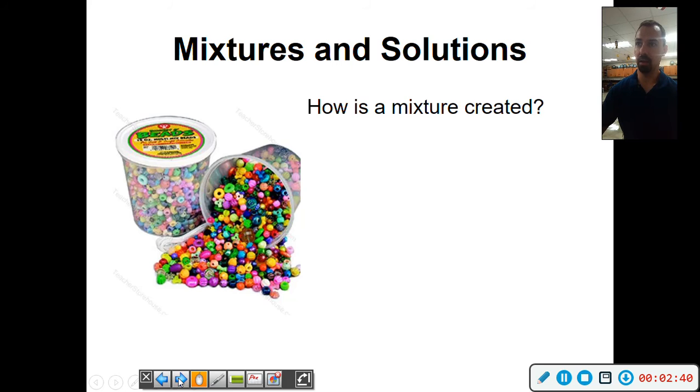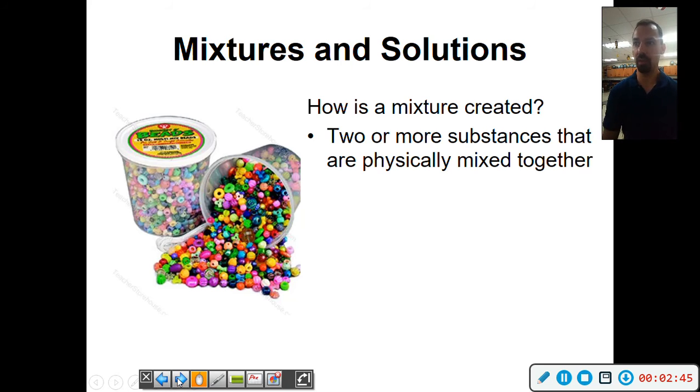Okay, mixtures, on the other hand, are two or more substances that are physically mixed together. All right, so this bucket of beads that you see here, that's a physical mixture of something. All right, they're not chemically combined. They exist separately. Great example of this is sand. Sand at the beach.